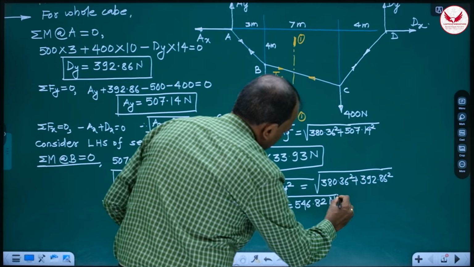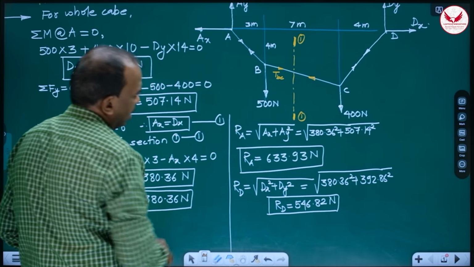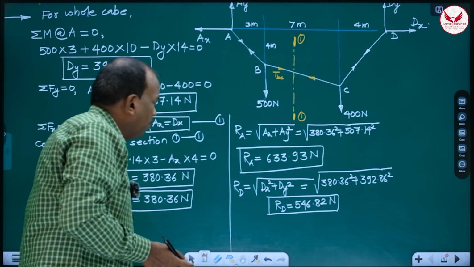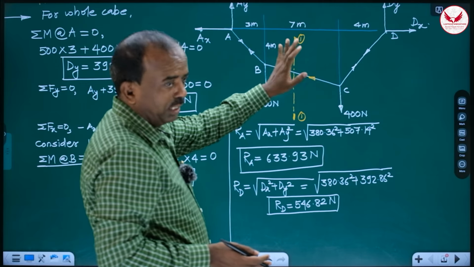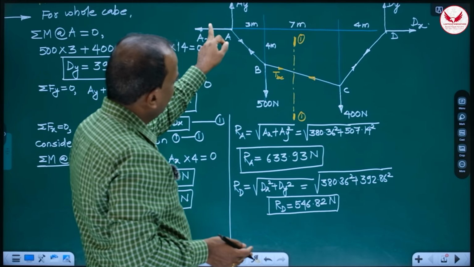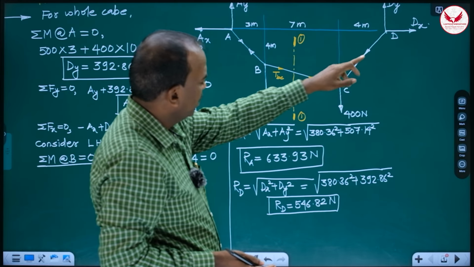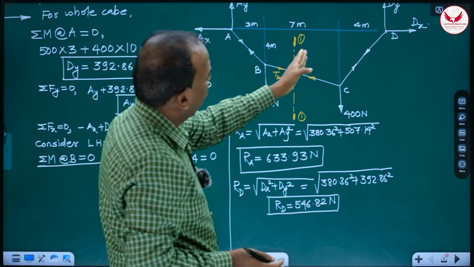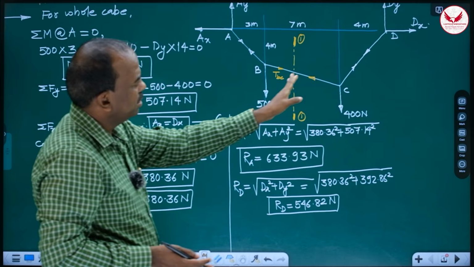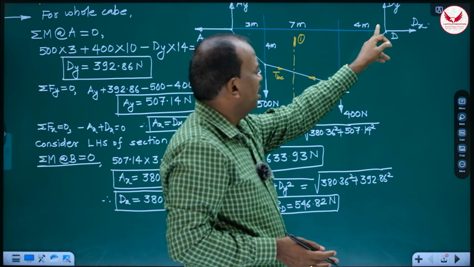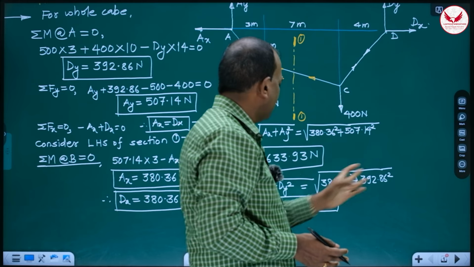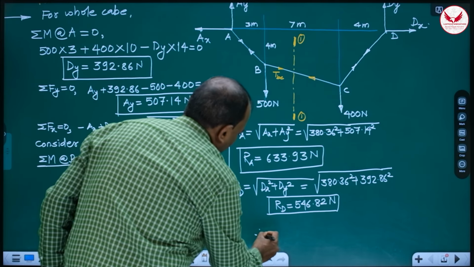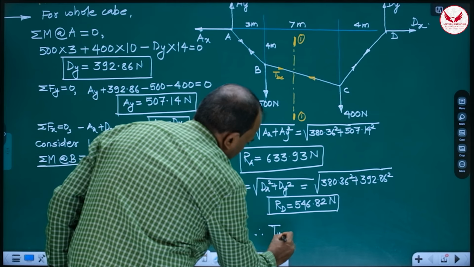And in the question, what is asked are the reactions at supports RA and RD, and the maximum tension in the cable segment. The maximum tension is always nearer to the support. Either it must be TAB or TCD. Whatever the reaction at A, that is the tension in AB, and whatever the reaction at D is the tension in CD, because TCD is nothing but the resultant of these two forces, which we have already calculated. Whatever value is maximum is T max.